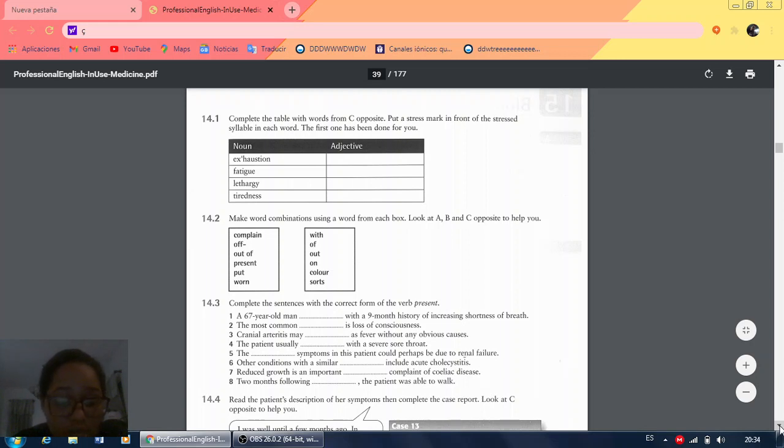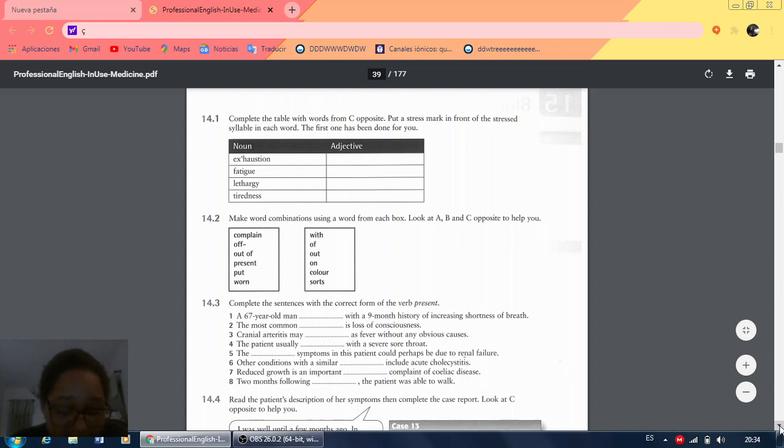Make word combinations. Use words from box A and B and C opposite to help you. Complete with colors. Present with. Put in the words.